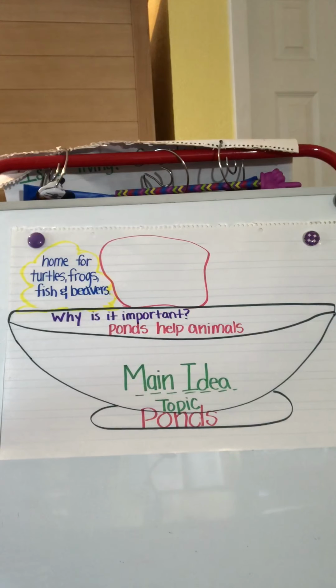I remembered that ducks and swans use ponds to rest. You know, they do a lot of traveling and flying, and where do they go to take a break and rest? They go to ponds.